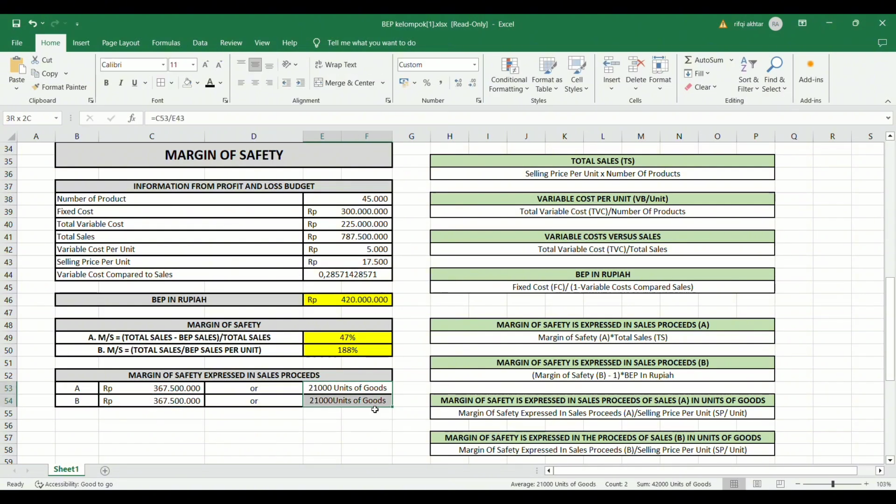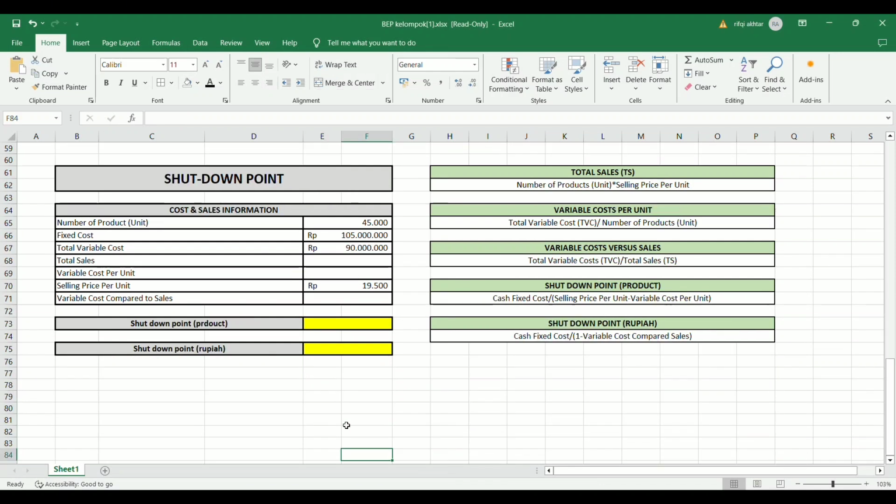For this column, you have to custom it with units of goods. And then you will find like this.